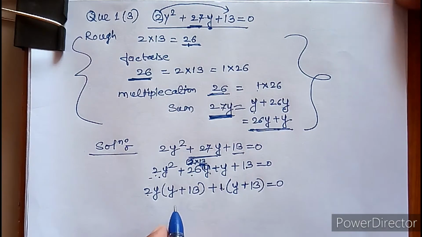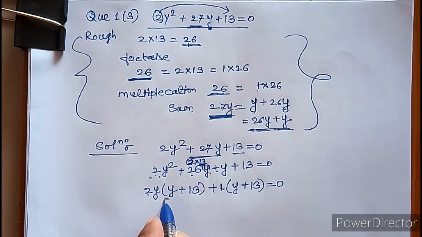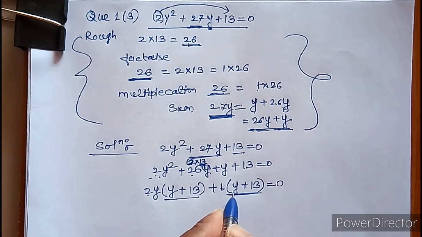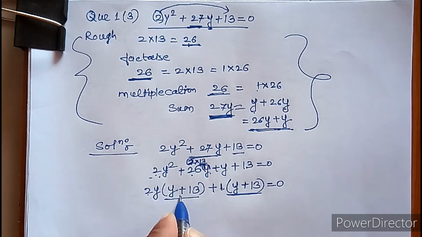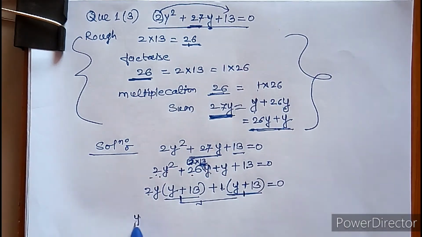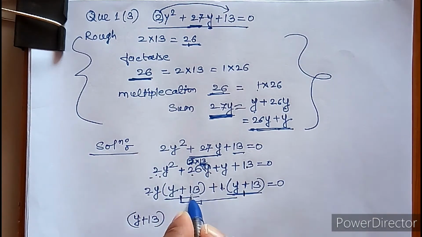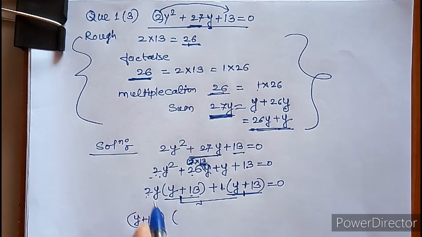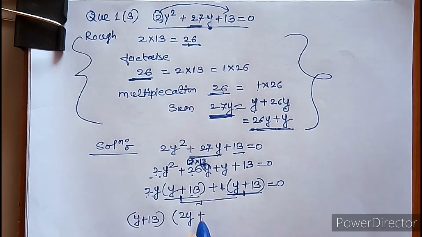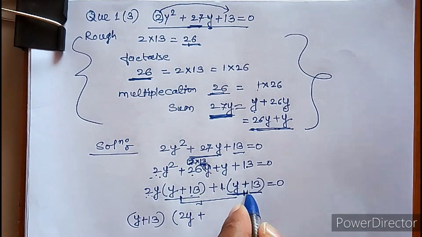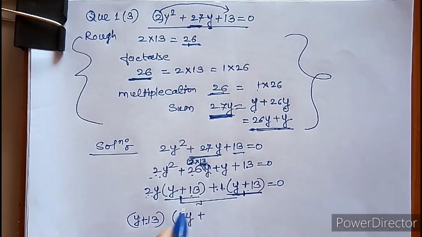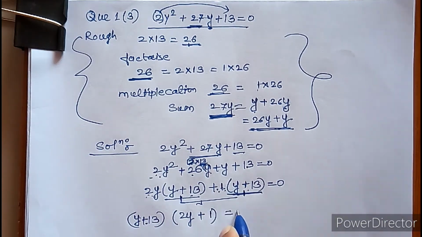Now when we observe this, we can see that y plus 13 and y plus 13 is common. By taking this y plus 13 outside, what we get: y plus 13 is common. When we take y plus 13 common, here remains only 2y plus 1, equals 0.